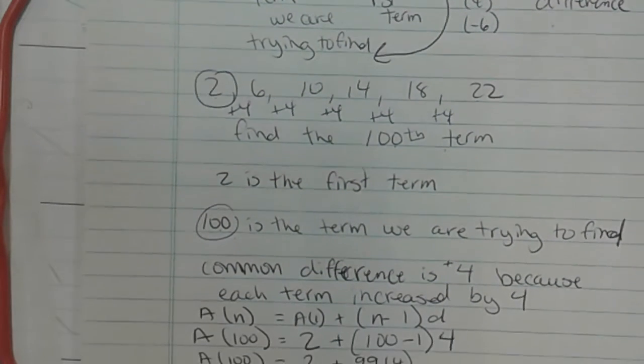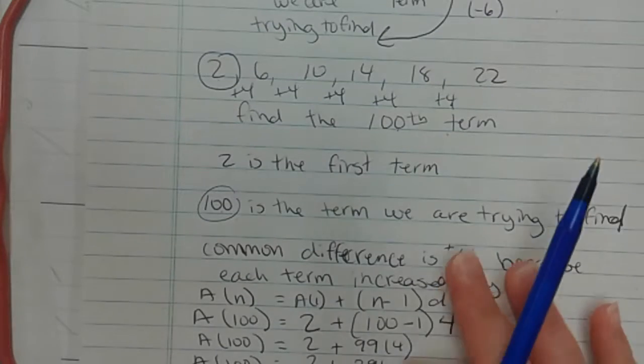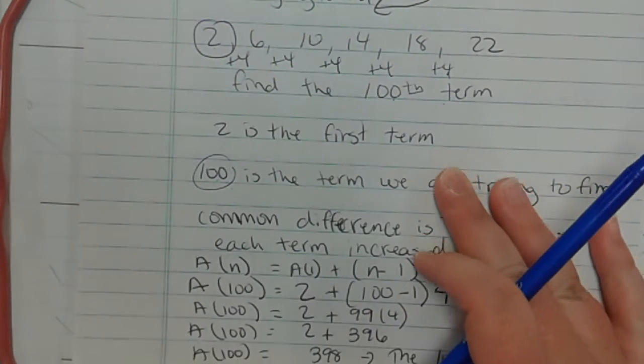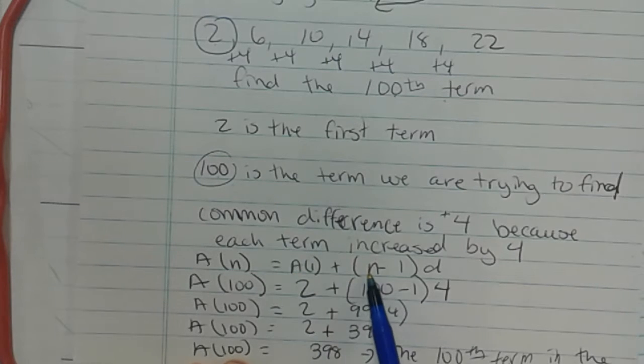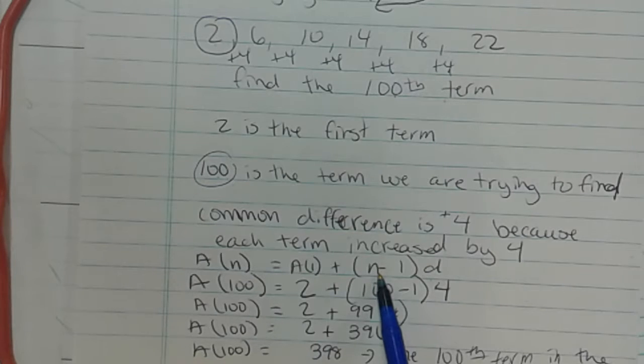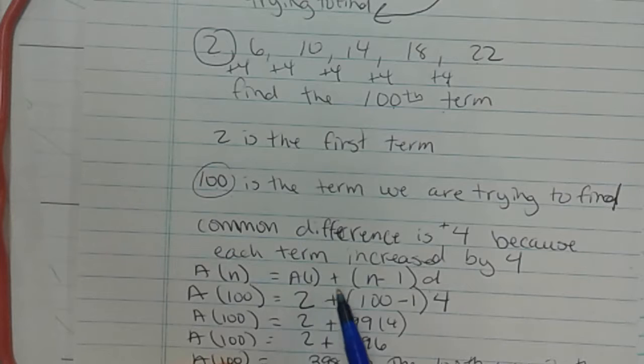And then I'm just going to plug them into the function, and then I'm going to solve. So a of n equals a of 1 plus n minus 1 times d. So the quantity of n minus 1. That works.